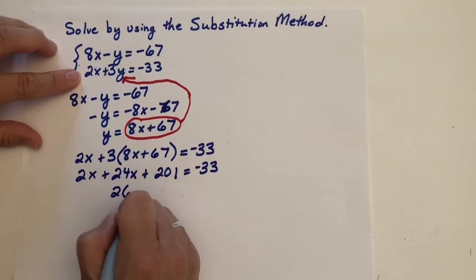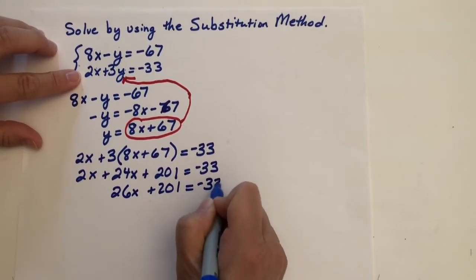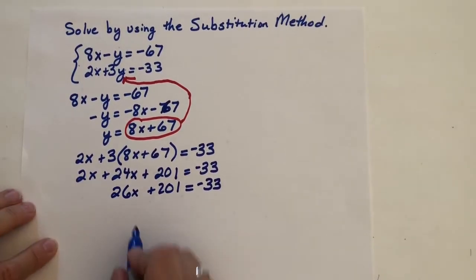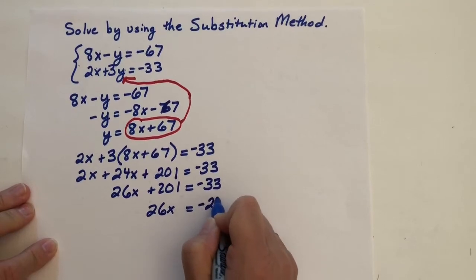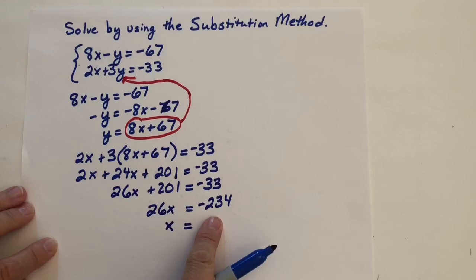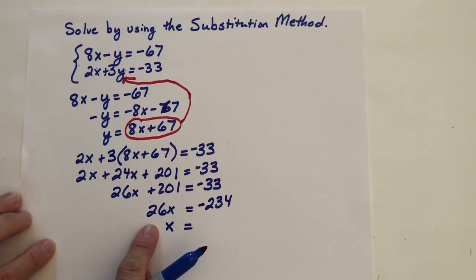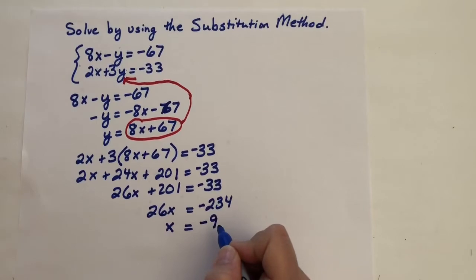So we combine our like terms. Subtract 201. So we have -234. And we divide -234 by 26. And you could grab a calculator to do that if you'd like. And when you do, you would find that the result is -9.